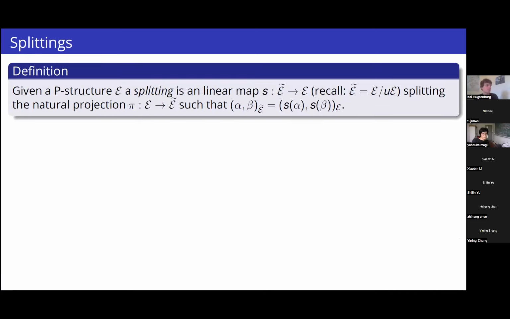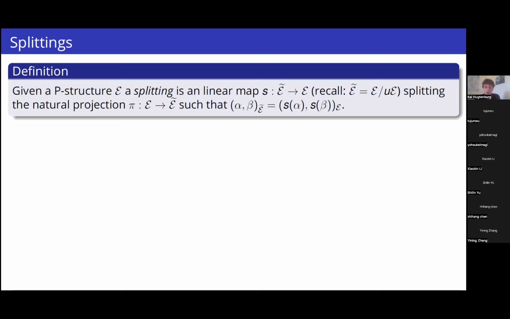So what is a splitting? If you have an abstract TEP structure E, then a splitting is a linear map from E mod U times E, which I call E tilde, to E itself, which splits the natural projection from E to E tilde, given by setting U equal to 0.